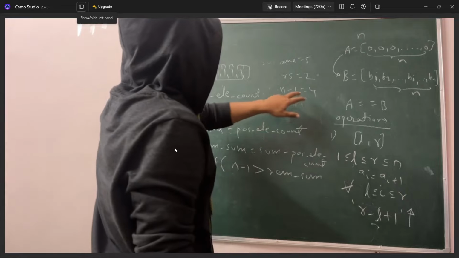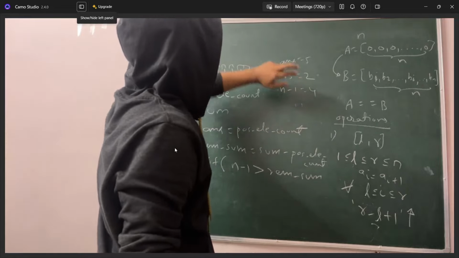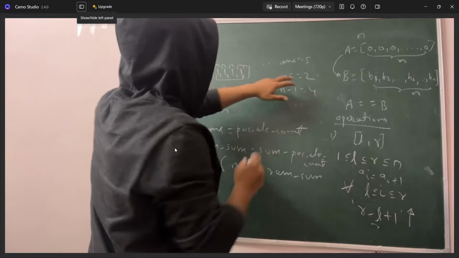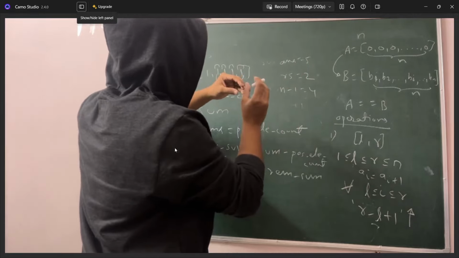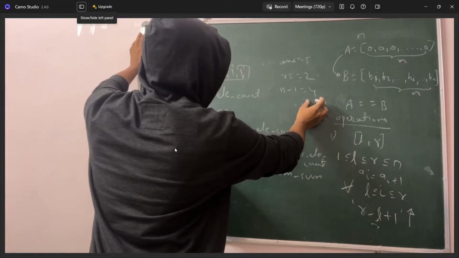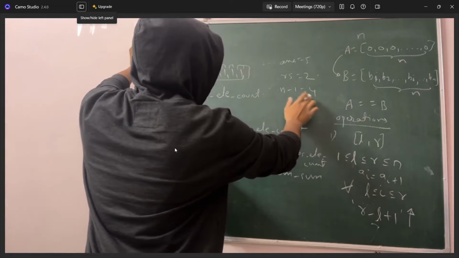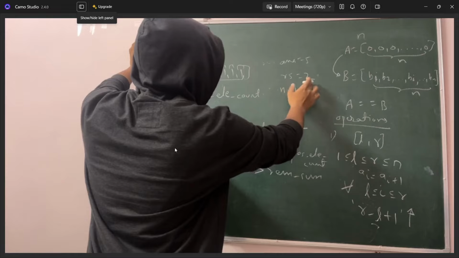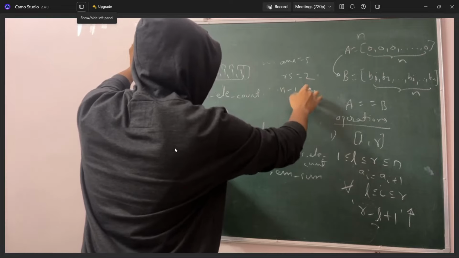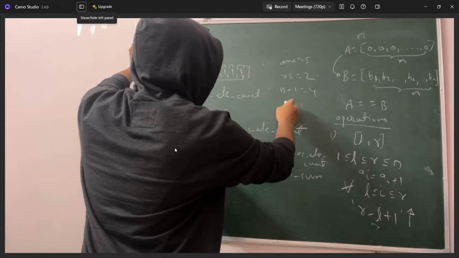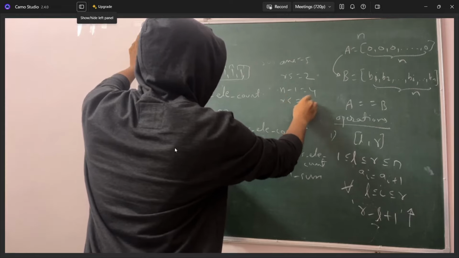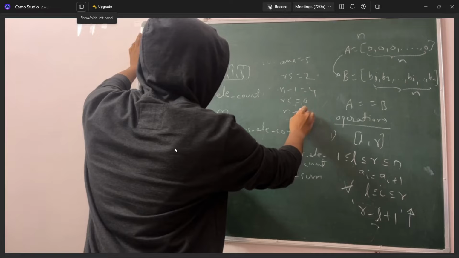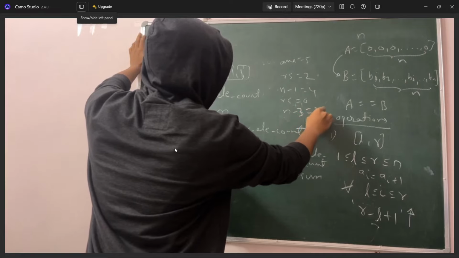So in that case, you'll have to let out only 2 subarrays. You still have 2 remaining sums and 4 operations to be performed. So in 2 operations you'll get 1 value, and your remaining sum will be 0, and then n minus 3 will be 2.